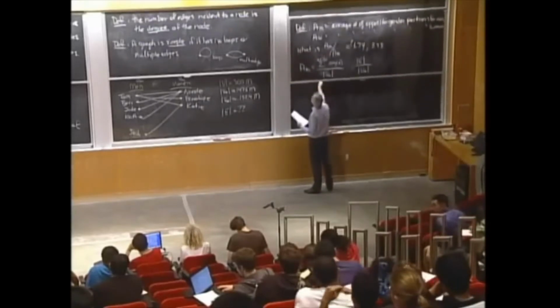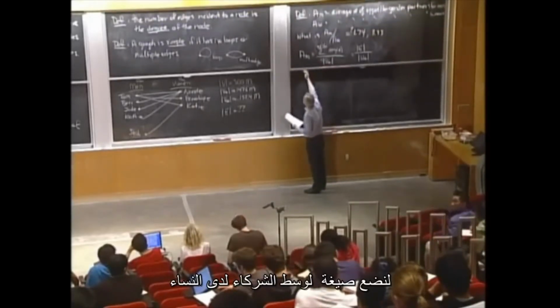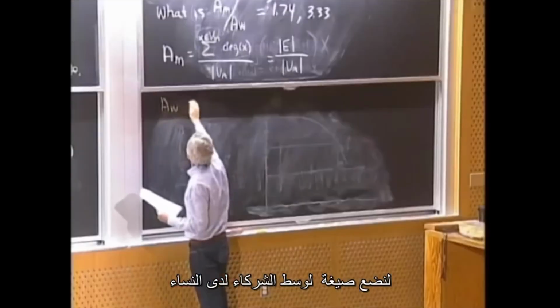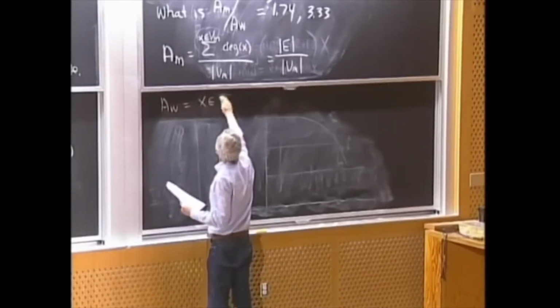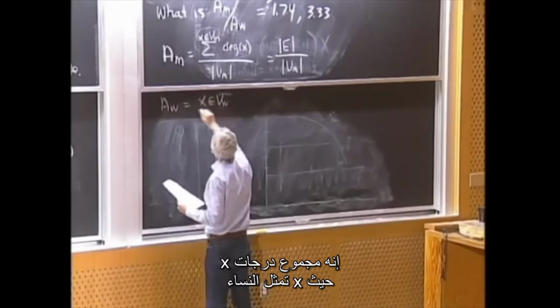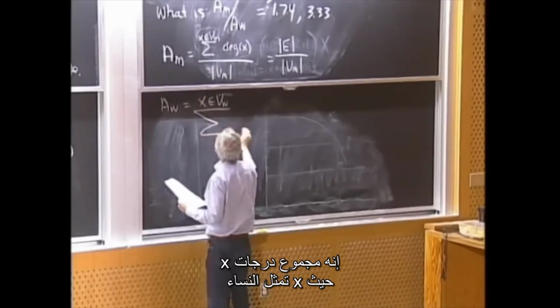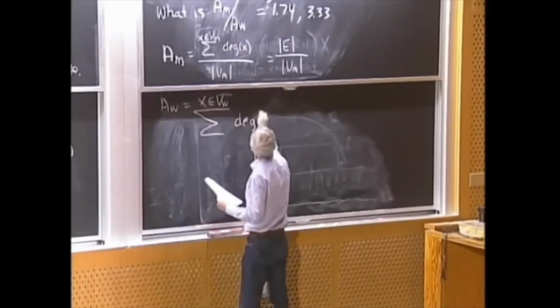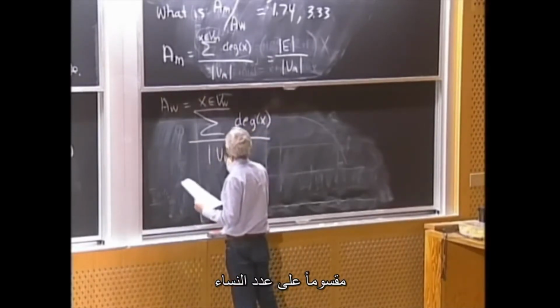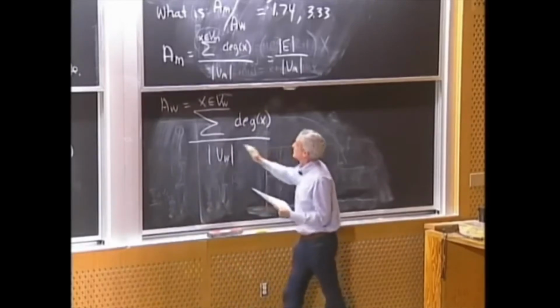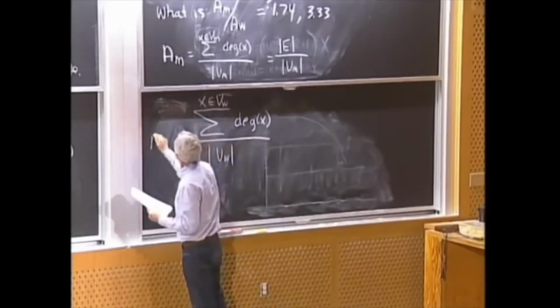All right. Let's figure out a formula for the average number of partners for the women. Well, that's simple. That's just the sum over x in the women of the degree of x, divided by the number of women. Let me rewrite that so it's clearer.